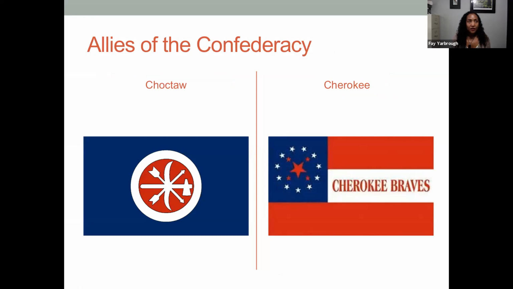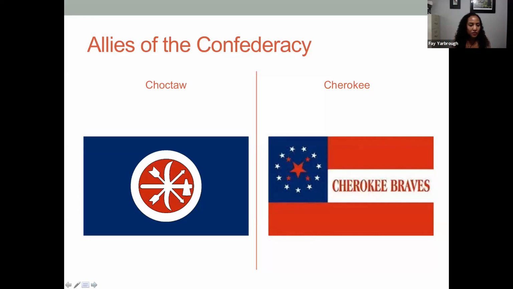So again, I just want to give you a sense that there are a wide variety of potential flags that we could talk about and think about when we think about the Confederacy and flags that represent the Confederacy. But we have placed all of our emphasis on the particular Confederate battle flag.